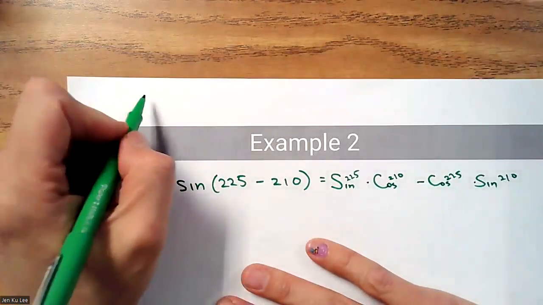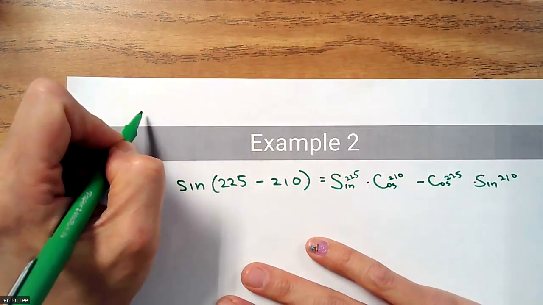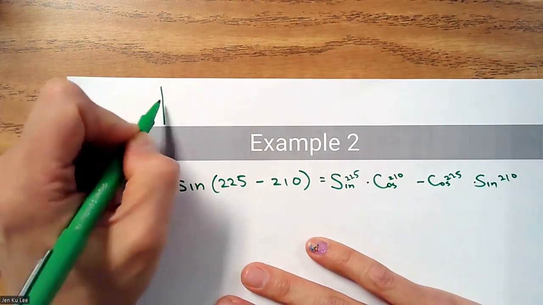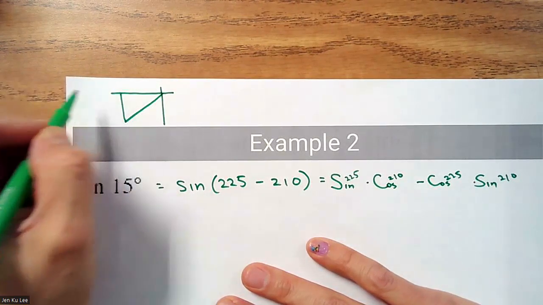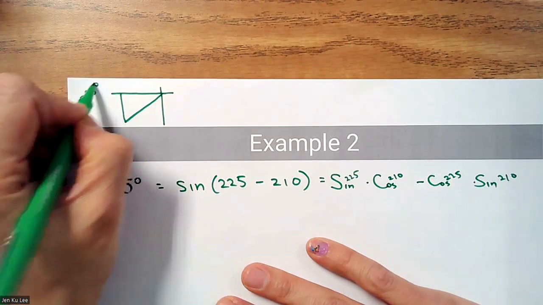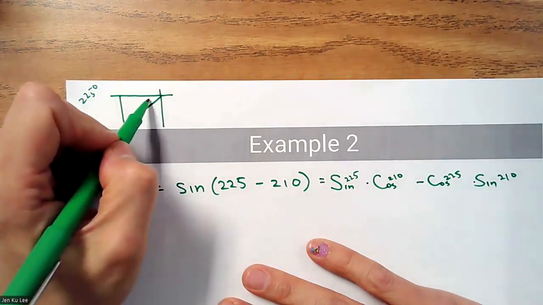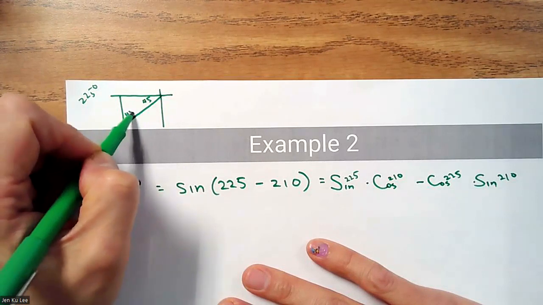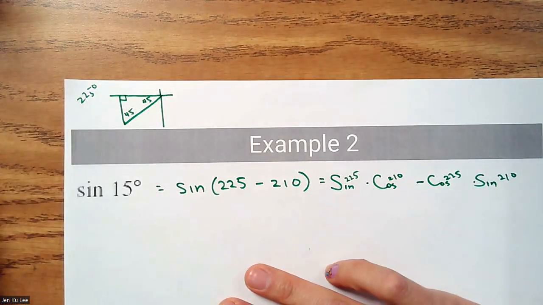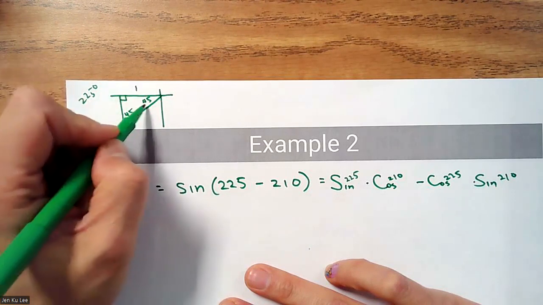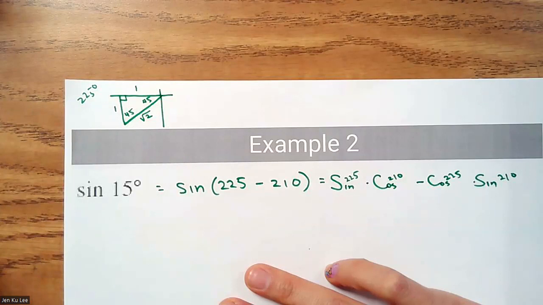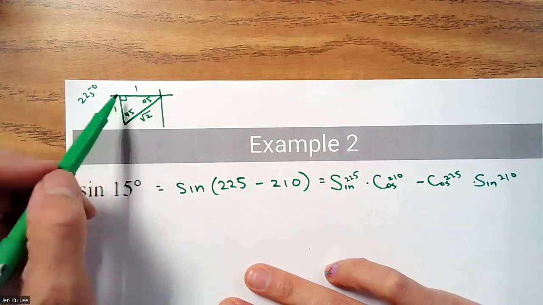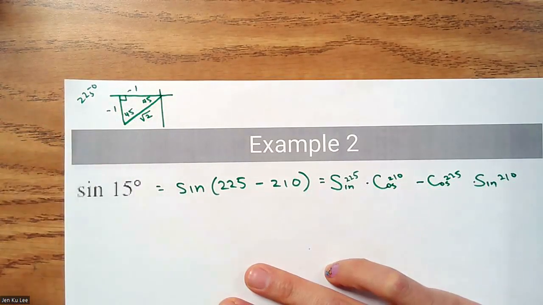So 225 is in my third quadrant. That's 45, 45, 90. Opposite the 45 is 1, opposite the 45 is 1, opposite the 90 is square root of 2. But since I'm in my third quadrant, x and y are both negatives.